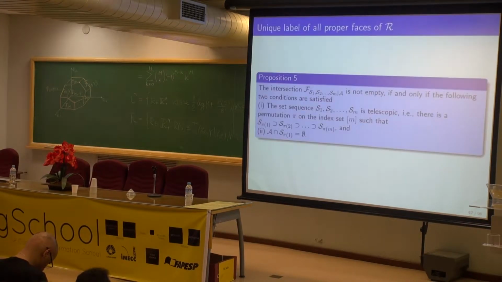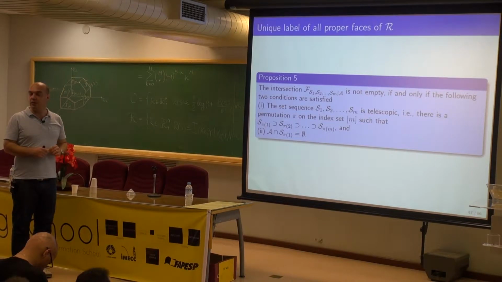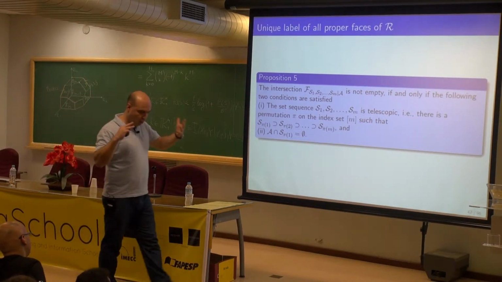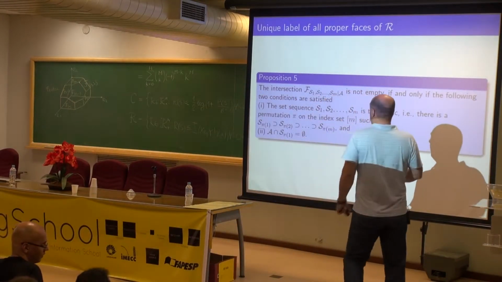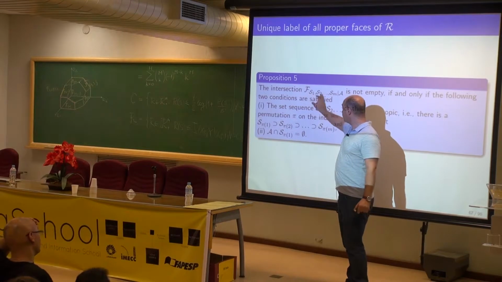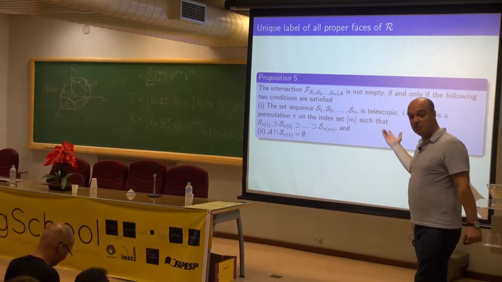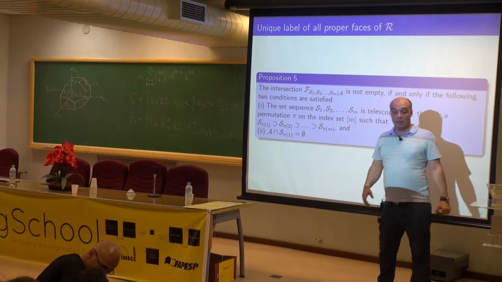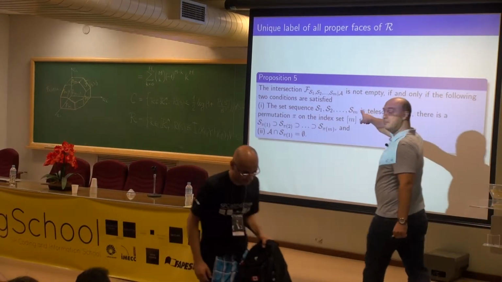Okay, and now we want to extend this to more intersections of more faces. So we claim that if we intersect m front facets with how many back faces here?